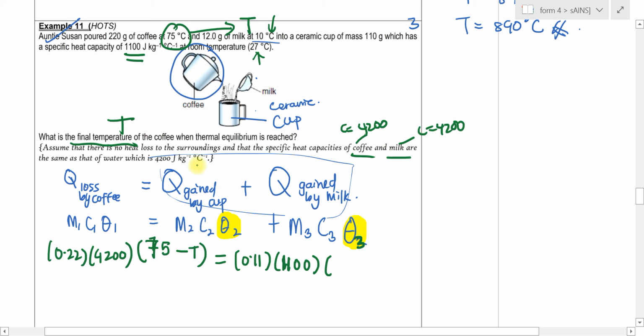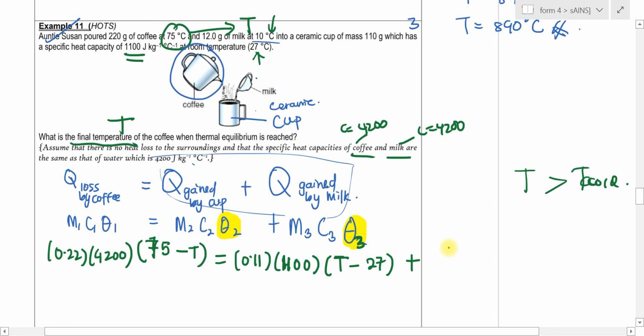So both of these are cold objects. For the cold objects, the final temperature is greater than the temperature of the cold object. So T minus the cold object's temperature, which is 27, plus the heat gained by the milk.